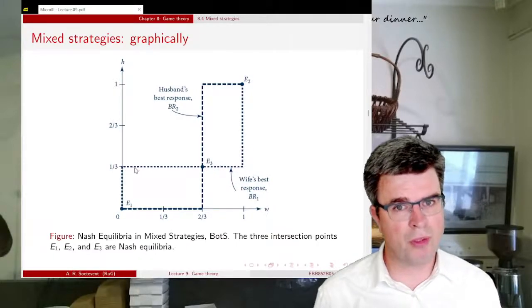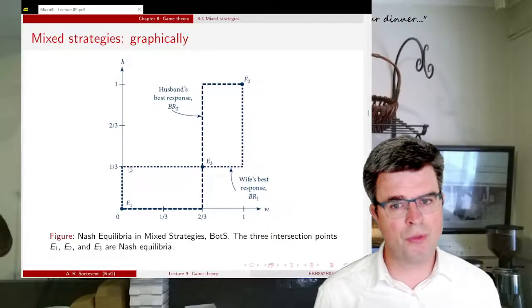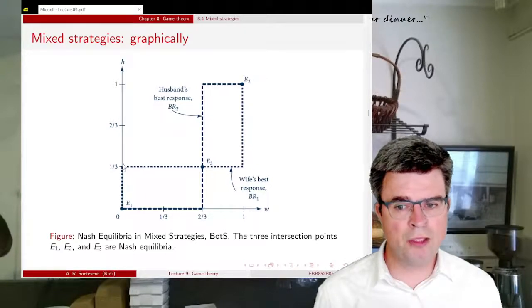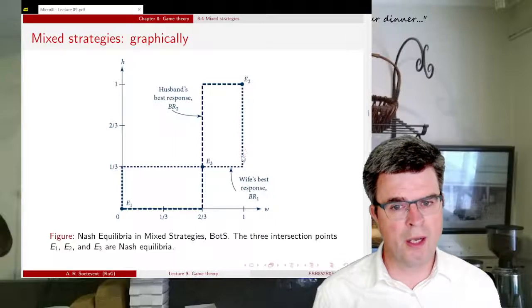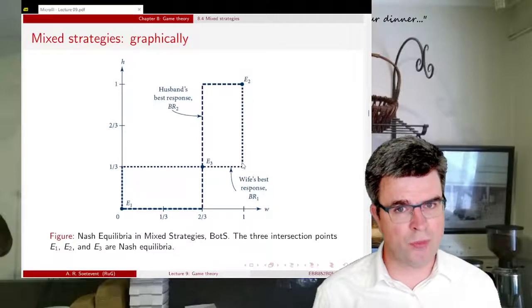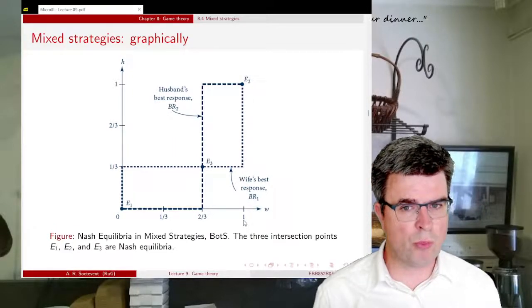So we have a horizontal line on the best response function for the row player. And as soon as the probability with which the column player chooses Italy exceeds 1/3, the best response of the row player is to choose Italy for certain, so with probability 1.